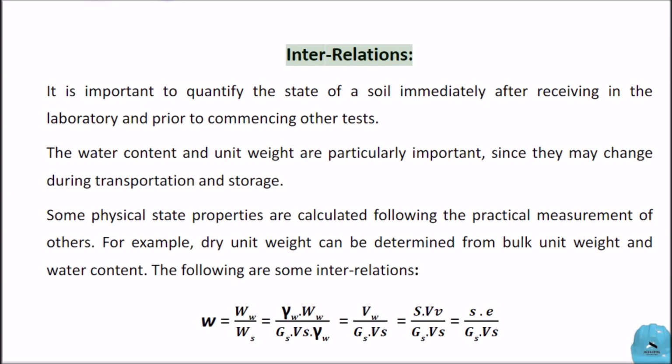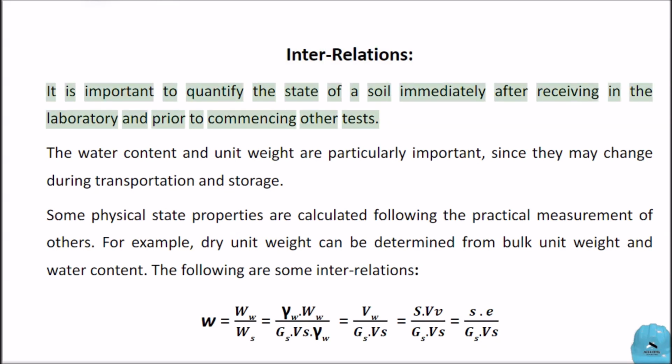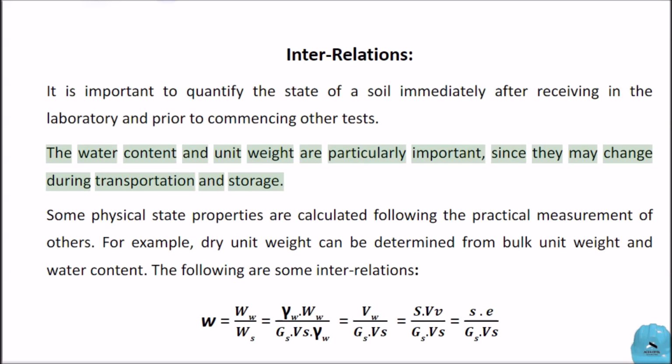Interrelations. It is important to quantify the state of a soil immediately after receiving it in the laboratory and prior to commencing other tests. The water content and unit weight are particularly important, since they may change during transportation and storage.